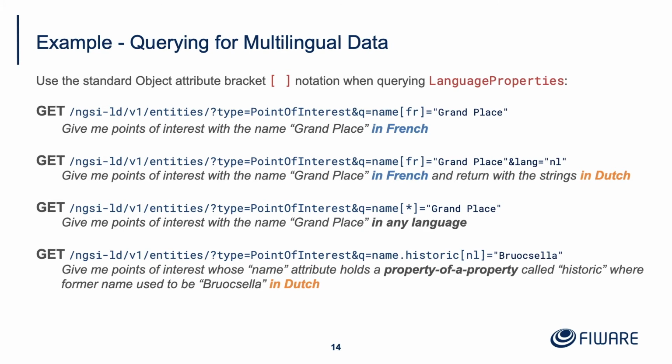This is saying that the q parameter is working in the usual fashion, and doesn't do anything particularly new. Again, in the same fashion, you can have metadata associated with a language map or language property. You can have language properties as metadata of other attributes.